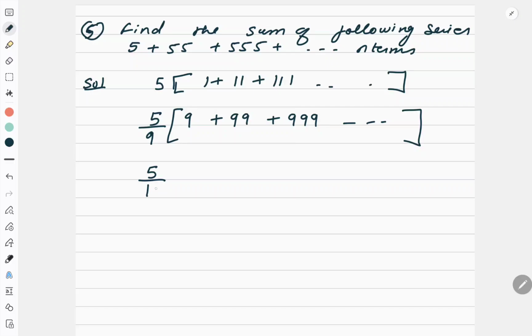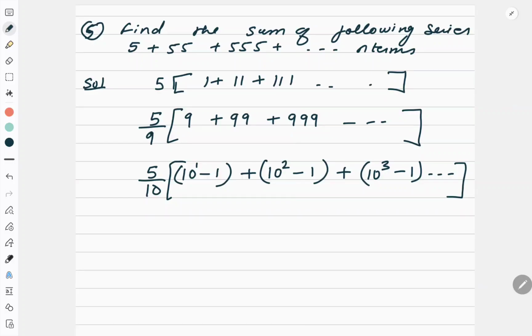So 5 by 9. Now tell me what is 9. 9 is 10 minus 1, basically 10 to the power 1 minus 1. Plus 99 is what? 100 minus 1. And 100 is what? 10 square minus 1. Plus 999, that is 1000 minus 1, that is 10 cube minus 1. Correct?